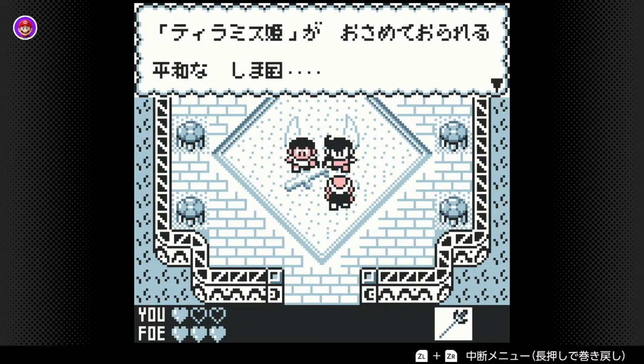So while in translation it worked well, be ruled by, and so on, I think it might actually be the honorific in this case. So yeah, the peaceful island country that Princess Tiramisu rules. But yeah, regardless, we have translated it.